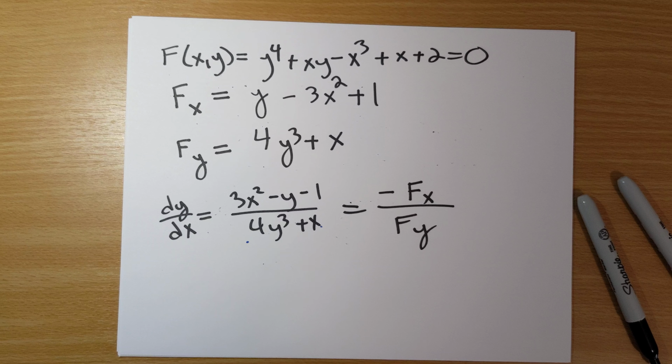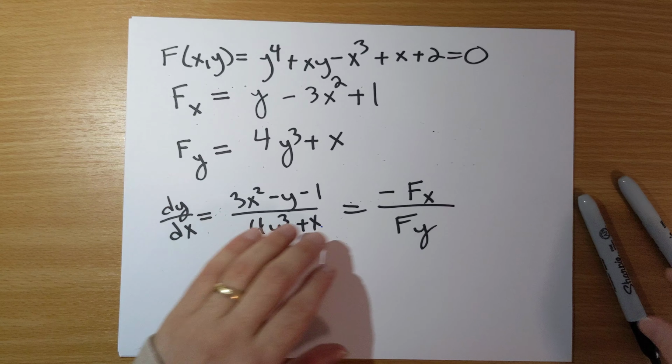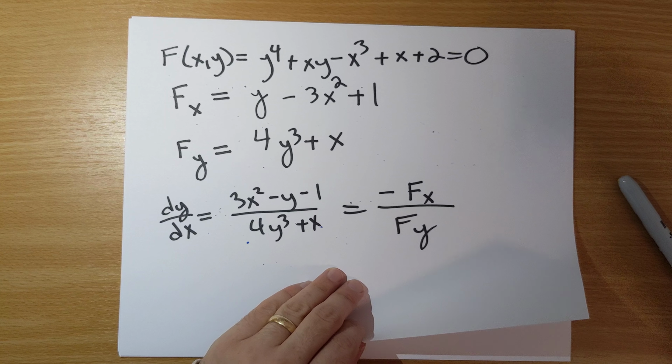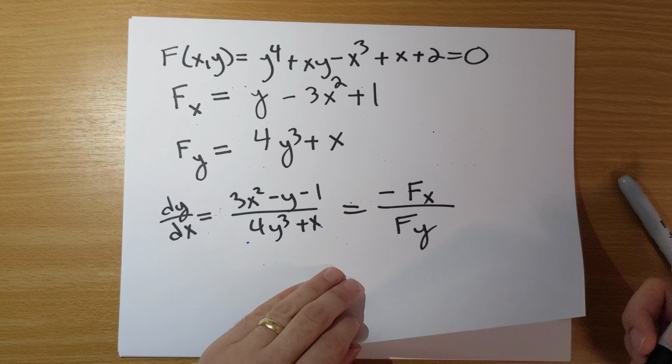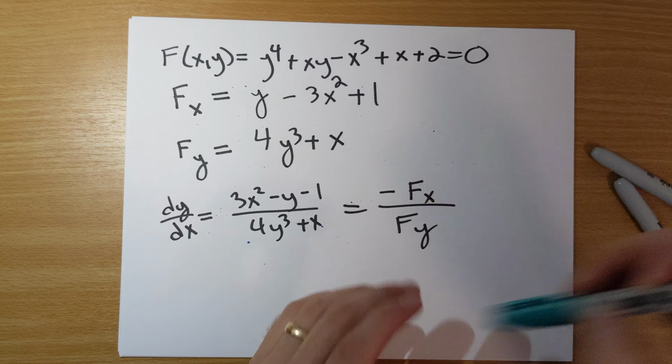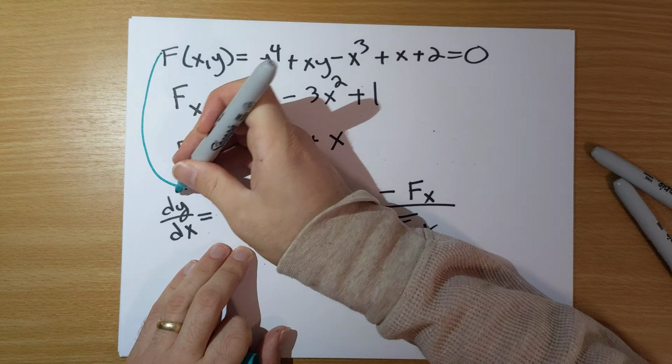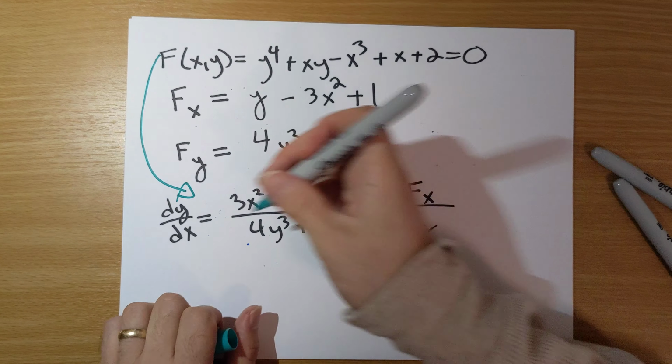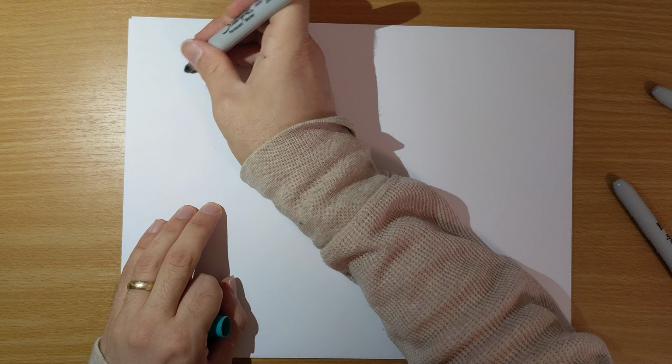And so what's going on here? This turns out to always hold. This is not an accident. This will always hold, and we can actually get this formula. Let me recopy this.